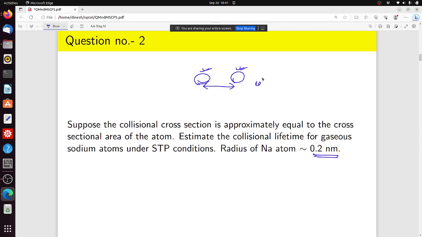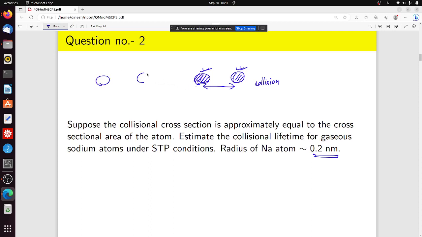For the collision to happen, it depends on the area of each atom or molecule. So it depends on the cross section. Did you study it or not, I don't know.